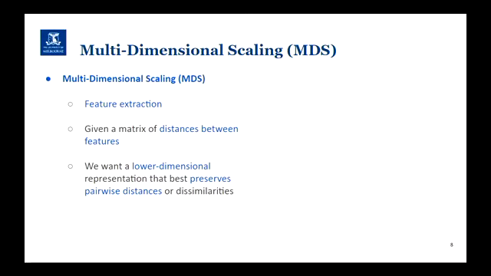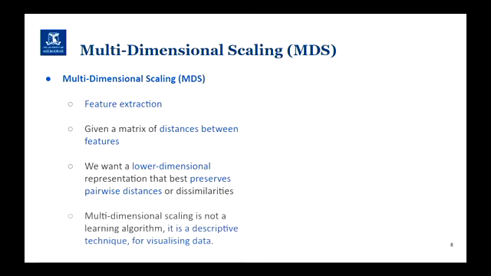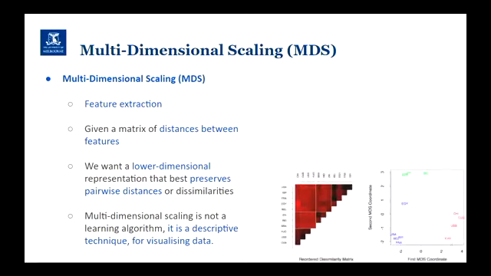So this is mainly a feature visualization technique. It's not a learning algorithm. It's a very descriptive technique that has been more useful for visualizing and interpreting data rather than removing noise. The main goal is going from a similarity or dissimilarity matrix and representing those distances in a lower dimensional space, either 2D or 3D.